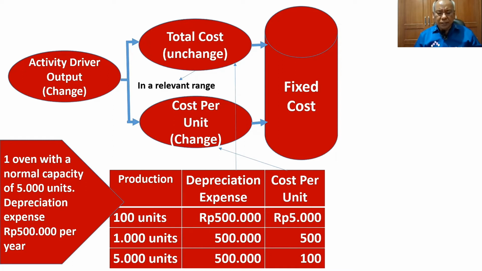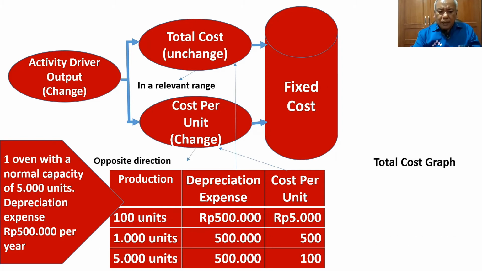So it remains constant in the relevant range. If we assume our relevant range is from 0 to 5,000, our depreciation expense will be 500,000. But if we assume our capacity is from 5,000 to 10,000, the depreciation expense will be 1 million.